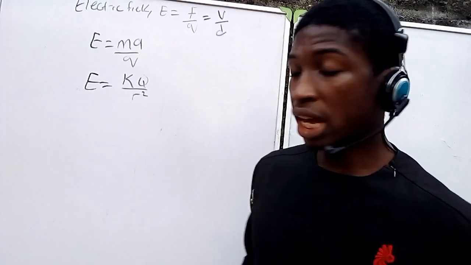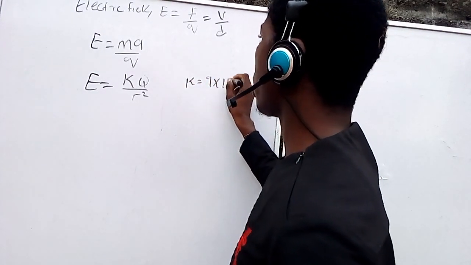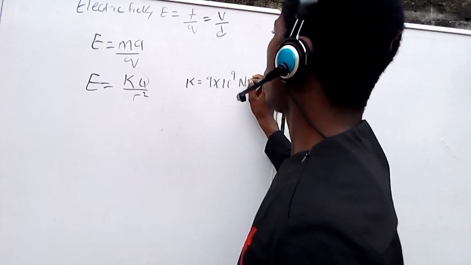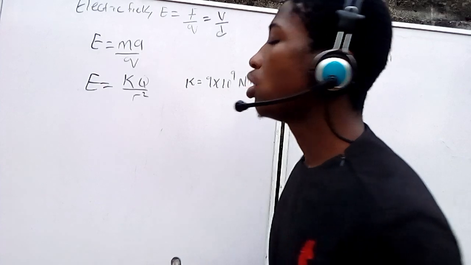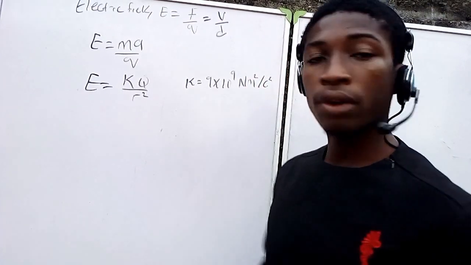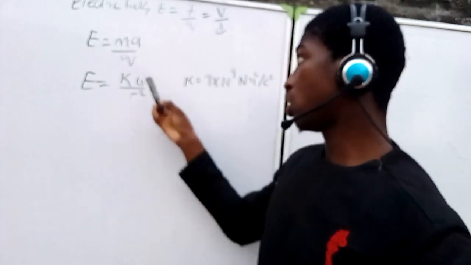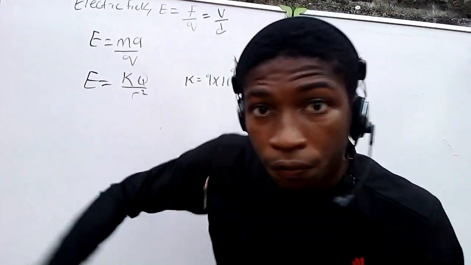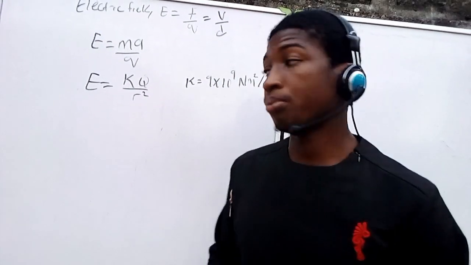K is equal to 9 times 10 to the power 9 Newton meter squared per Coulomb squared. This is the value of K. While Q here is the charge itself. You understand? So Q, the charge itself, is emitting an electric field. Now R is the radius of the electric field being emitted, or the distance. Alright, so that is very simple.